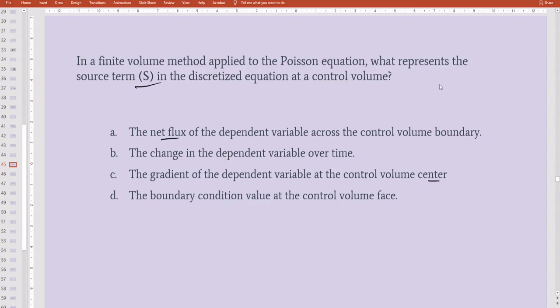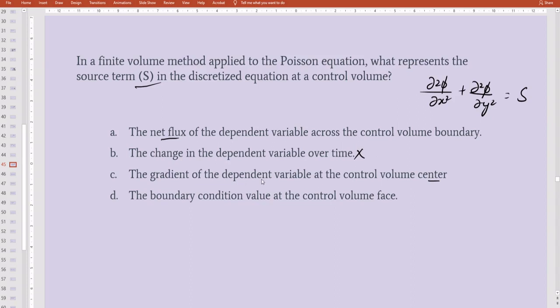We know our Poisson equation, and I'm writing it in two dimensions: ∂²φ/∂x² + ∂²φ/∂y² = S. Here, if you see, there is nothing about time. The second option says change in the dependent variable over time, so we can cancel that out.